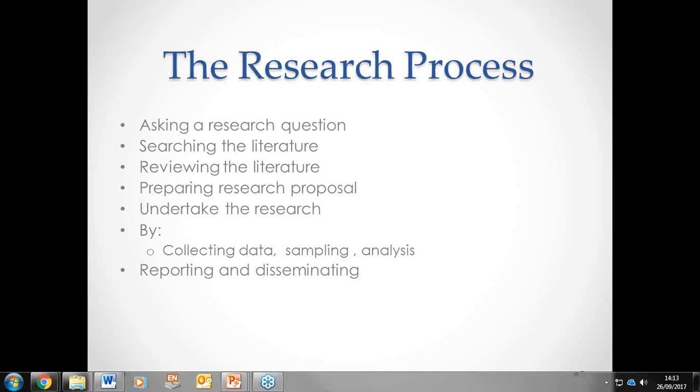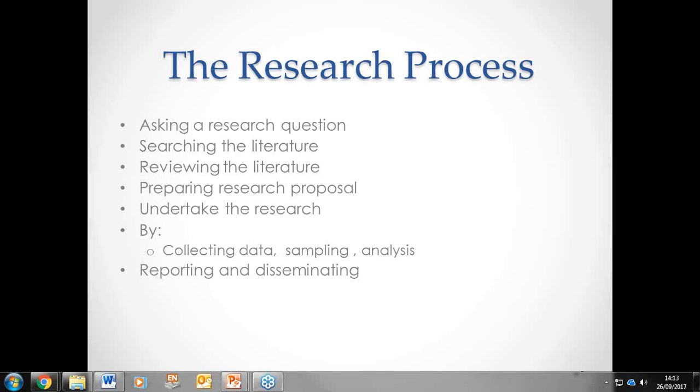And research always includes collecting data of some description, sampling, analysing that data, and then reporting and disseminating those findings. So any piece of research or any article that you look at and you're trying to identify whether it's research should have all of those key components to it.